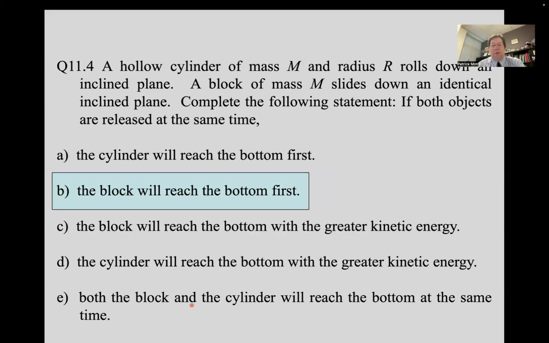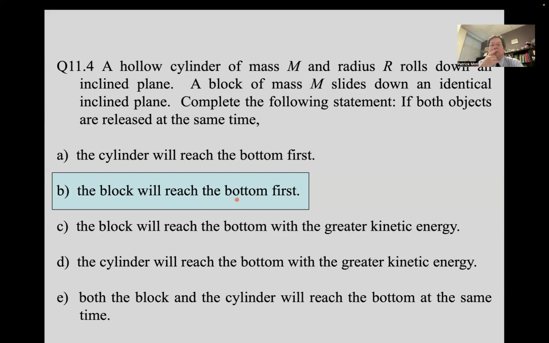They do not reach the bottom at the same time, and the block will reach the bottom first because all of its initial gravitational potential energy is becoming kinetic energy of translation. For the rolling cylinder, some of its gravitational potential energy is becoming kinetic energy of rotation. And that does not contribute to translational motion.